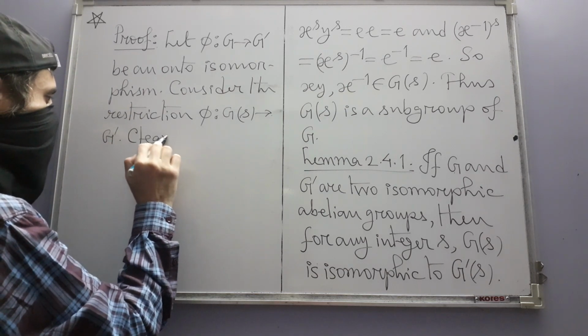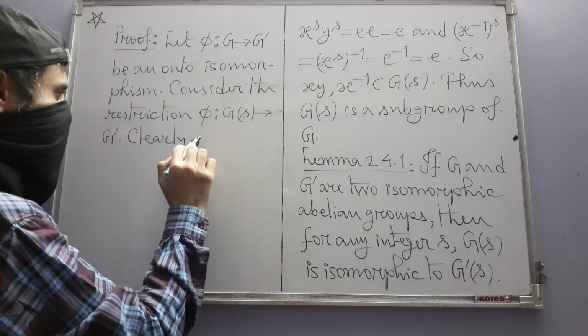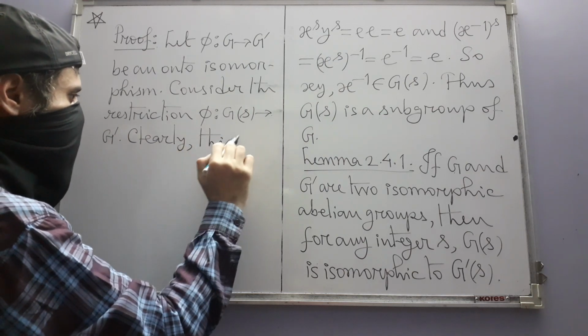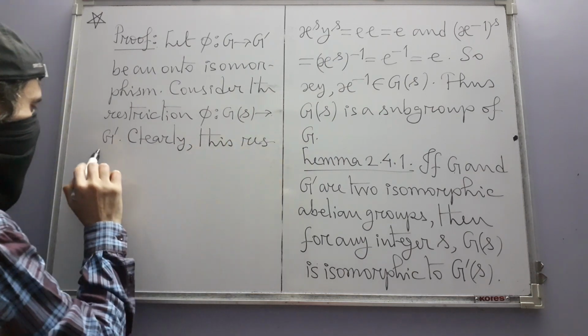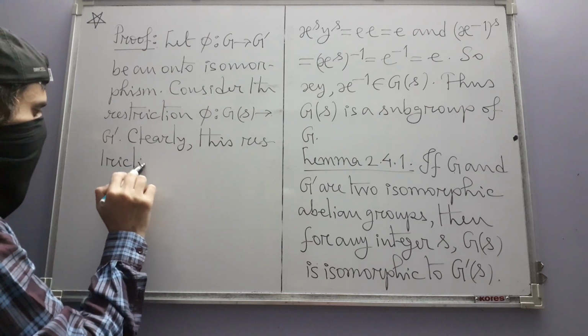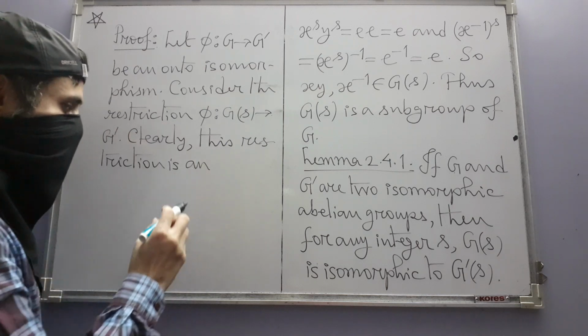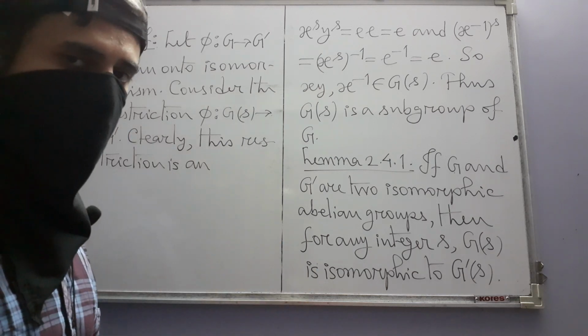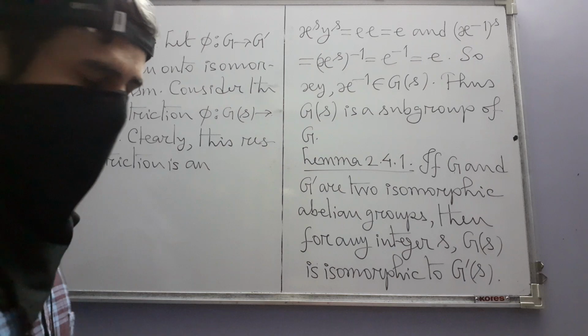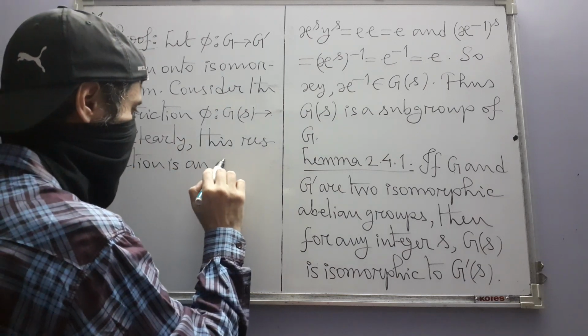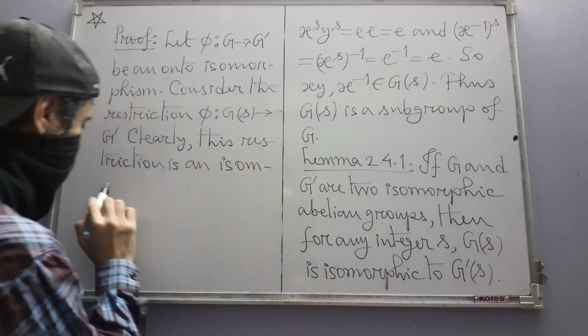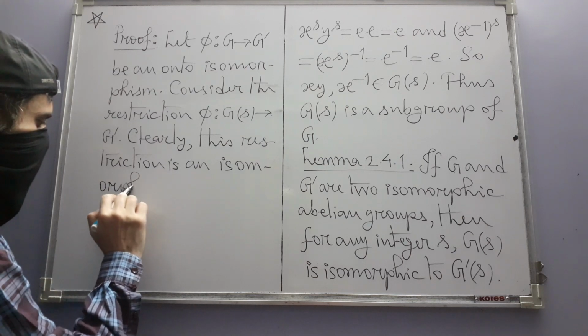Clearly, this restriction is a one-to-one homomorphism, so it's an isomorphism.